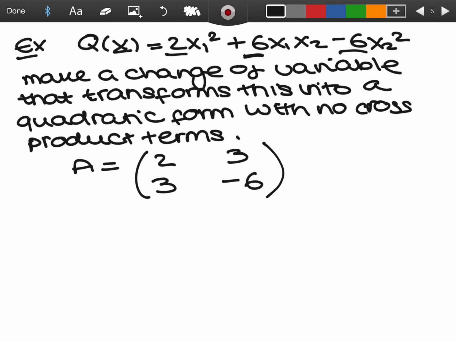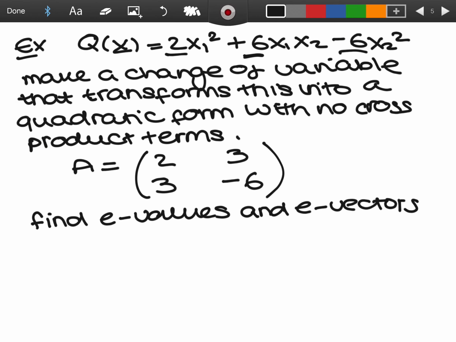Then I can find the change of variable and write my quadratic form in terms of just y1 and y2 with no cross product term. If you find the eigenvalues and eigenvectors, that's always the first step whenever you orthogonally diagonalize.